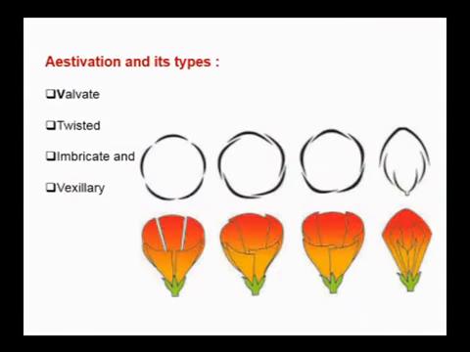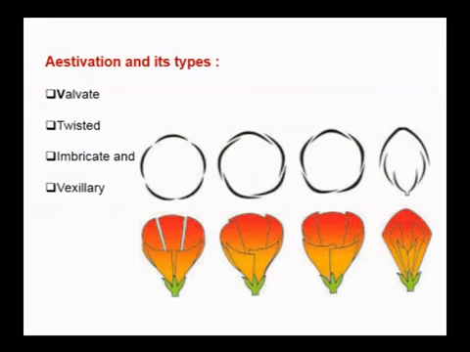When you consider the arrangement of sepals and petals with respect to each other in calyx and corolla, it is known as estivation. The first diagram, in which the members are having the margins just touching to each other without overlapping, it is known as valvate estivation.